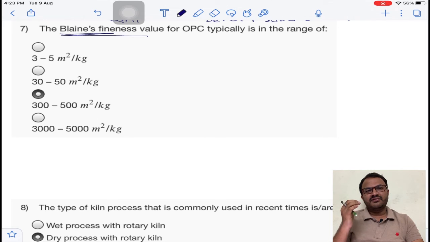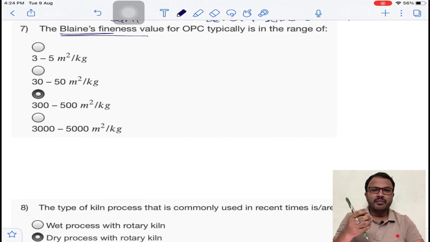Generally, the surface area plays the main role in cement to get reaction. Reaction will start from the surface itself. So if we have many more particles in 1 gram, its reaction rate will increase.